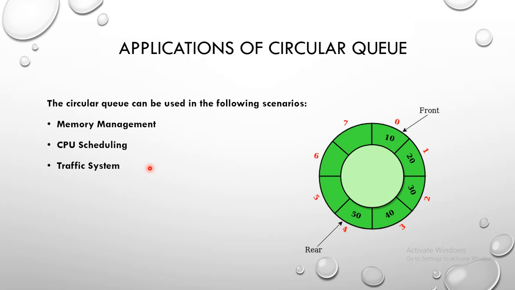After the green light, the red light comes again after an interval. This is what we can see as a circular queue. Similarly, CPU scheduling and memory management depict the nature of a circular queue.